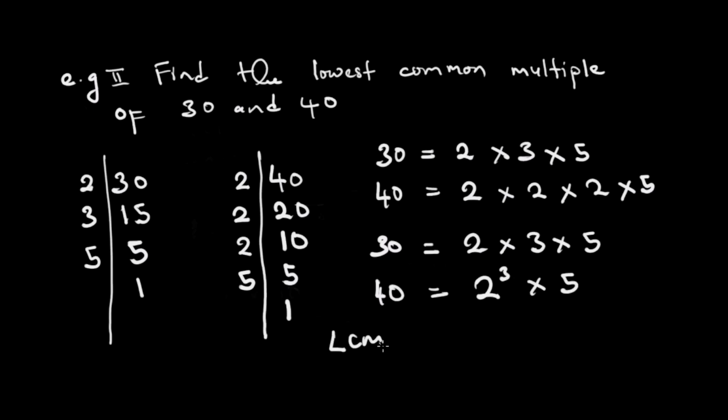Tikutsvaka the lowest common multiple. Saka tichatarisa panapa toona kuti 2 are common in both ma-factors a30 ma-factors a40. Because 2 are common, tichanotsvaga 2 ane the highest power, and in this case 2 ane the highest power ndi 2 to the power 3.